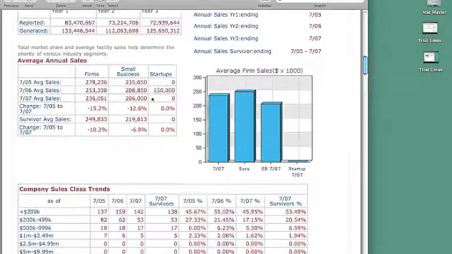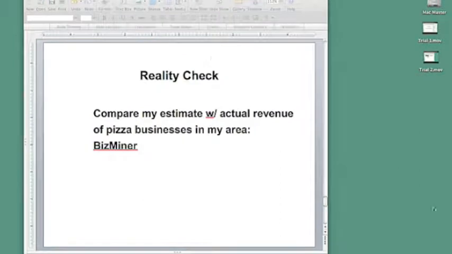While there weren't any startups in 2005 or 2007, when there was a startup in 2006, the average sales were $150,000. That's almost half of what I estimated. So that seems a little low, or my estimates are way too high. So we can check one other of BizMiner's sources.